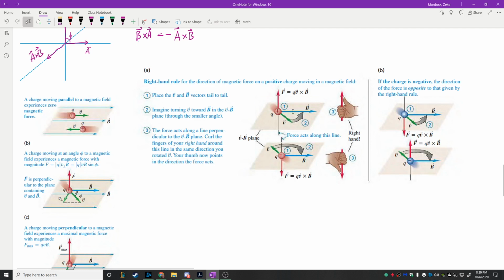The vectors V and B are always going to create a plane. You'd point your fingers in the direction of V, rotate the fingers of your right hand towards B, and your thumb should point up. Are you able to verify that in this case?